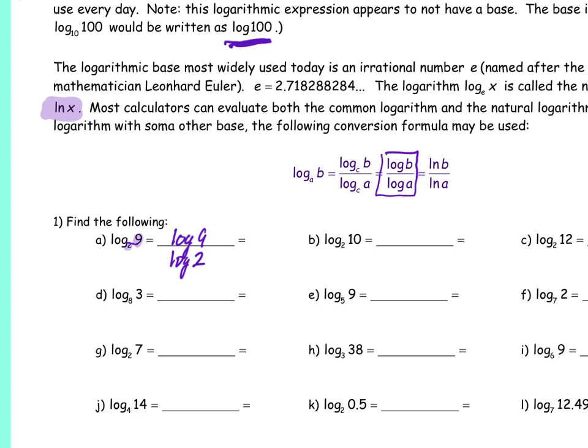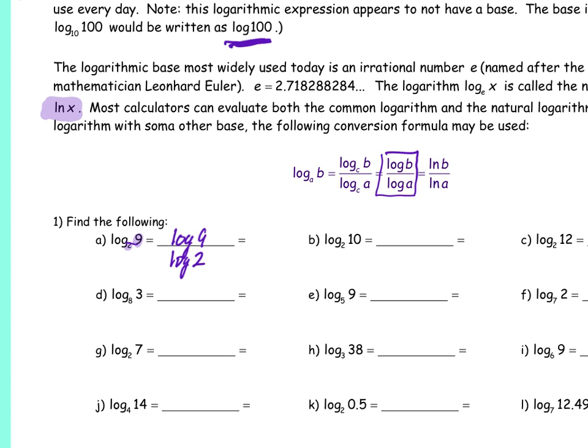When you're doing it in your phone calculator, I'm going to put parentheses around the 9 log base 10, because in the Apple calculator you have to put the numbers in first, which is kind of weird.